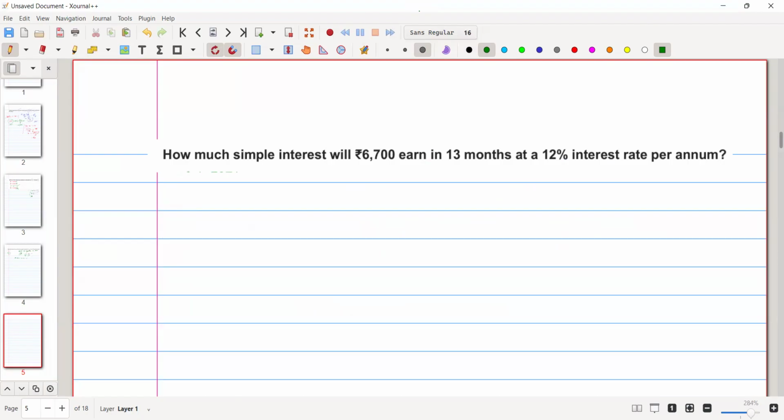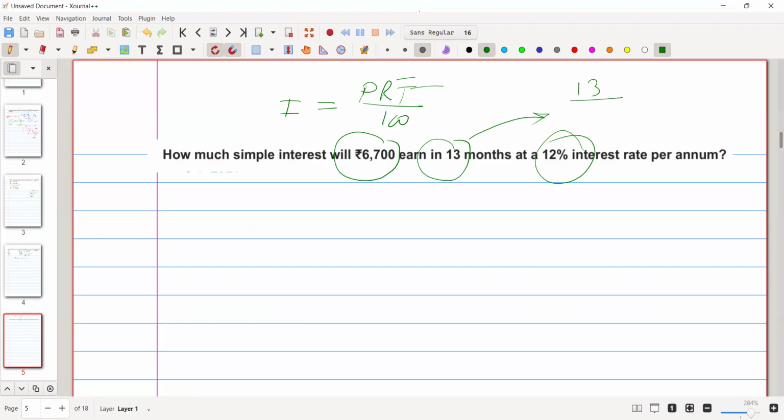For this, we have to find the interest I. The formula for finding the simple interest is I equals P R T by 100, where P stands for the principal, R stands for the rate of interest, and T stands for the time in years. Here the principal is given, that is 6,700, the rate of interest is 12%, and the duration is given in months, so we have to convert it into years. To convert it, just divide by 12, and don't convert it into decimals, just use the fraction.